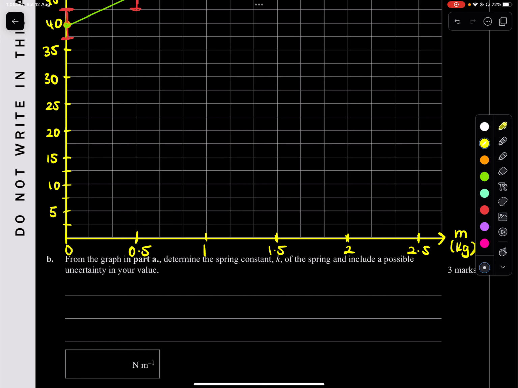So from the graph in part A, determine the spring constant K of the spring and include a possible uncertainty to your value. Okay, so we know K is F over X. So what does that mean? Well, we know the force is just mg, due to the fact that it's been hanging down.